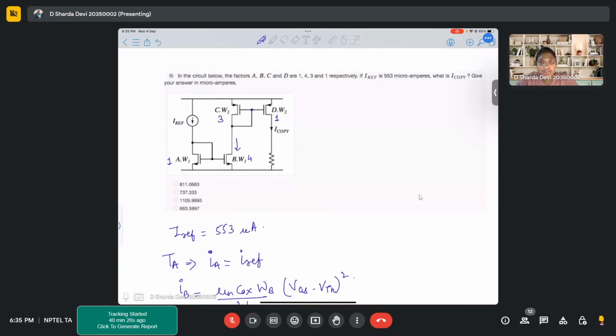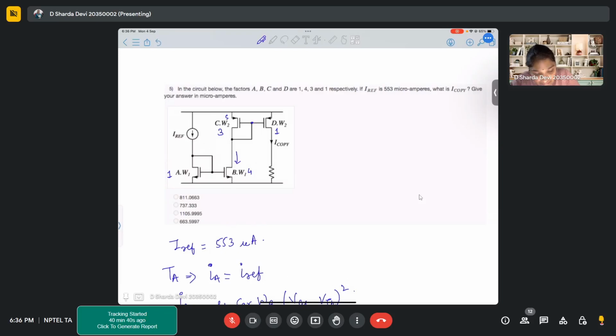Yes, ma'am. What is the doubt? How have you written VSGD equal to VSGC? Source, drain, gate; source, drain, again gate. If you see, the gates are shorted, right? So whatever is the gate voltage for transistor C will be the same gate voltage for transistor D. And since the source is VDD, the source is also equal.